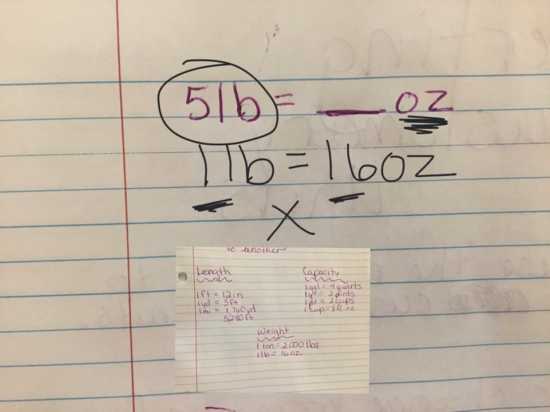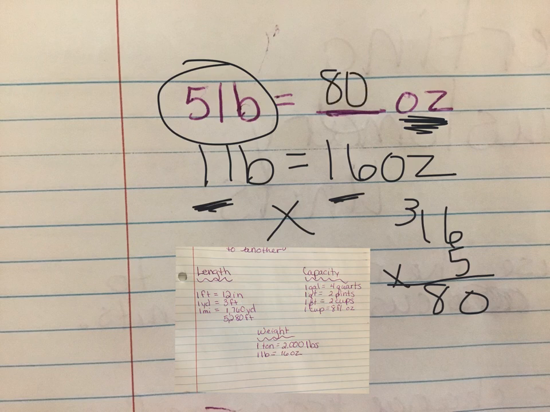Well, if I times by 1, I'm just going to get the same exact answer. So I'm going to times by the numbers that matter. I'm going to take 16 times 5. I'm not going to know that off the top of my head, so I'll write it out to the side here. And my answer is 80 ounces.